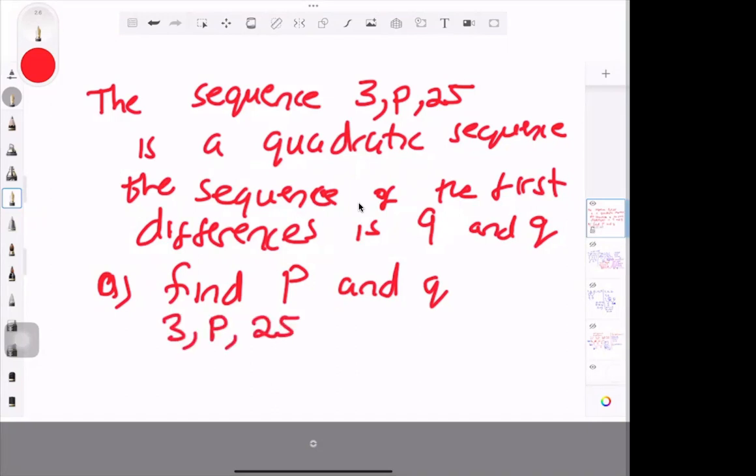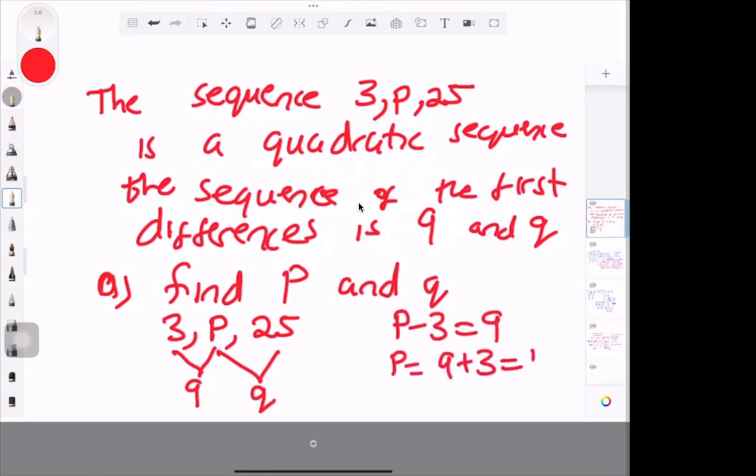The sequence of the first differences is 9 and Q. How do you find the 9? P minus 3 equals to 9. P is equal to 9 plus 3, which is 12. Thumbs up if you're happy with that.